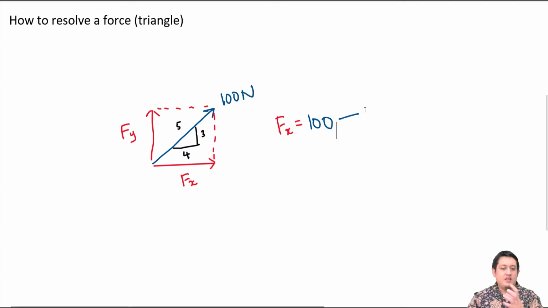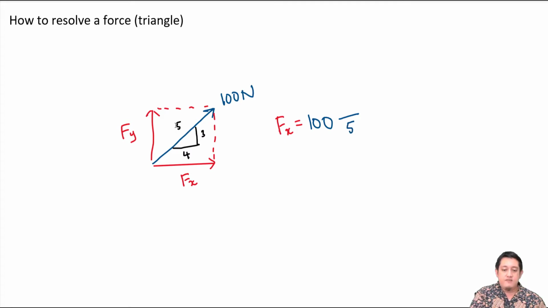So what is this something? Look at this one here. What is the value of the direction of the 100 Newton? The value of this direction here is 5. So therefore you write down 5.